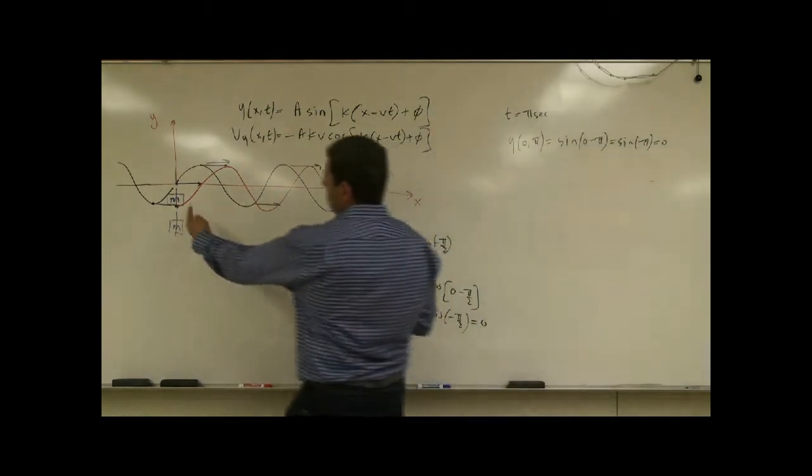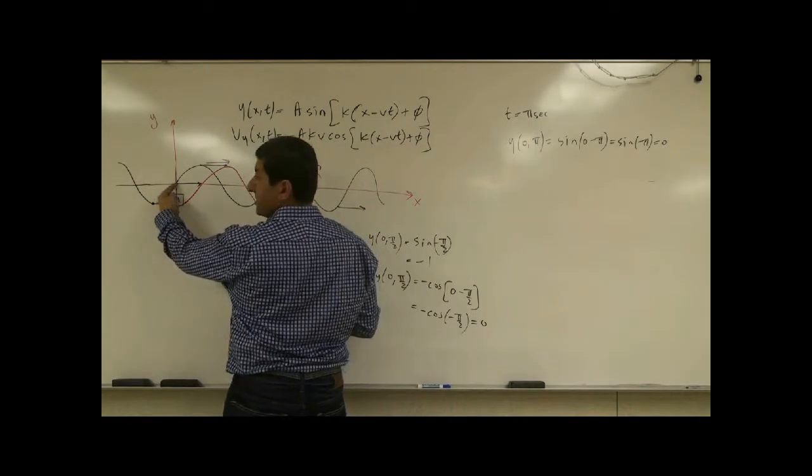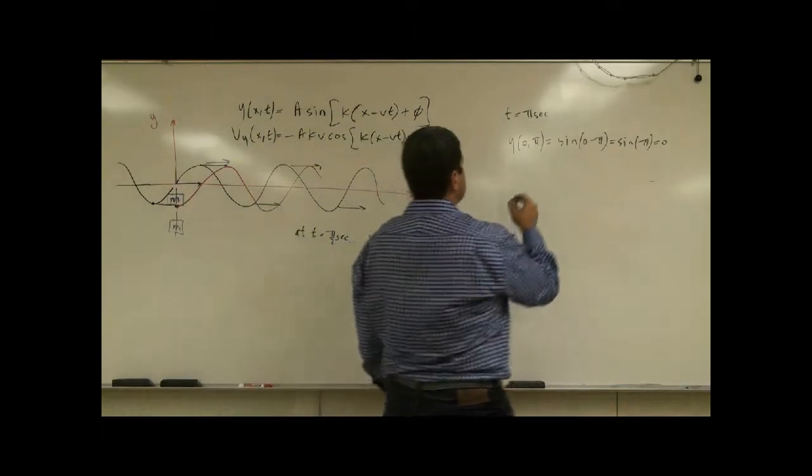That means the object has gone from pi over 2 seconds, it went down, then at pi seconds, it went back here, right? And then what happened?